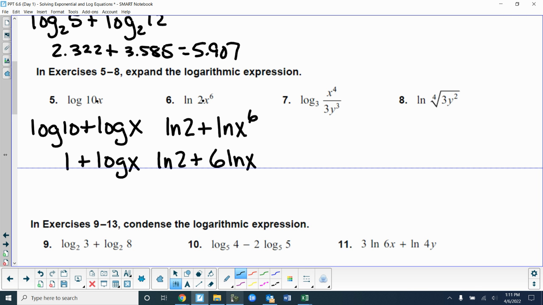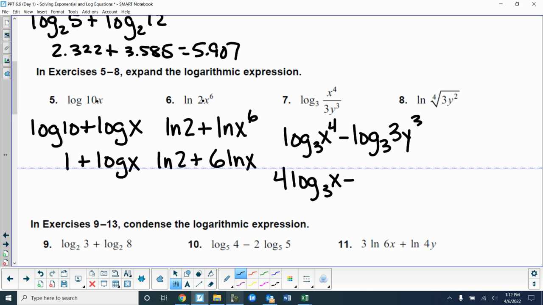All right, this one's got a division problem, a fraction, so I have to subtract them. Okay? So then I can move this 4, that exponent, out front. But there's 2 here, so I got log base 3 of 3 plus, because it's multiplication, times y, log base 3 of y cubed. What happens to the y cubed?